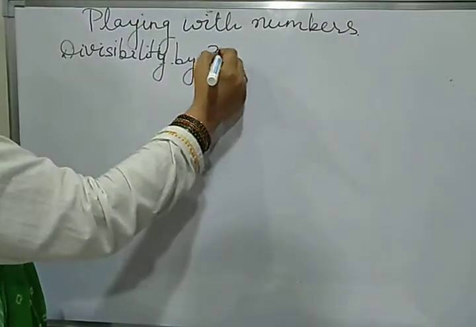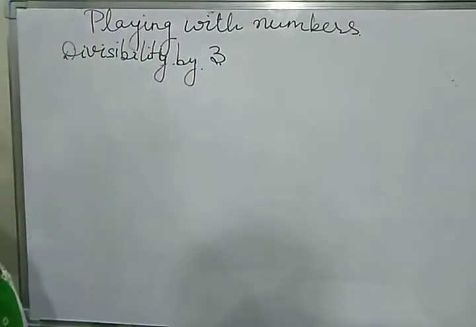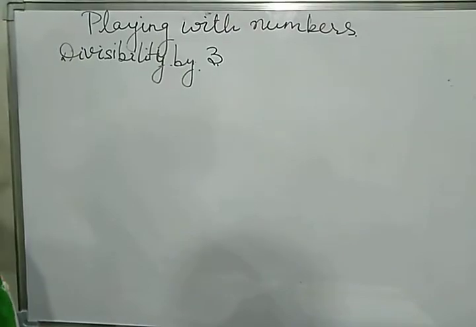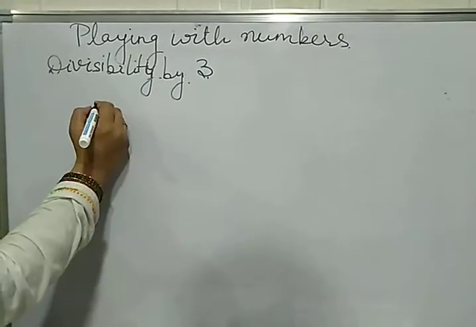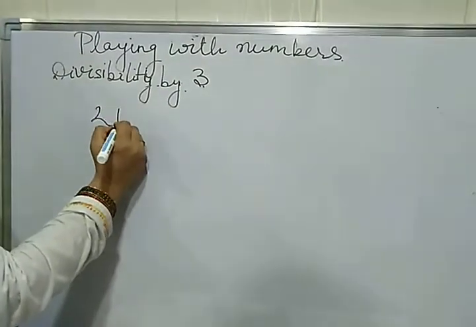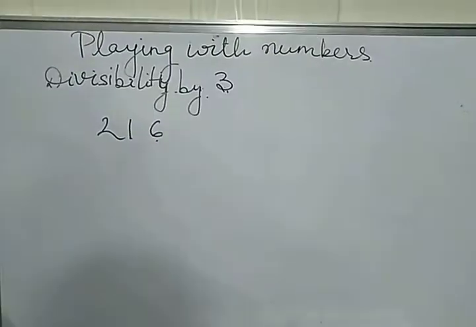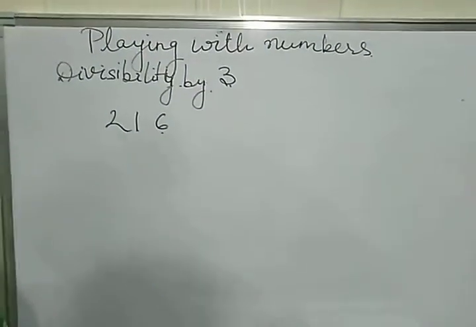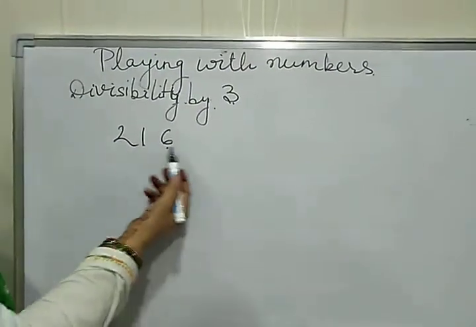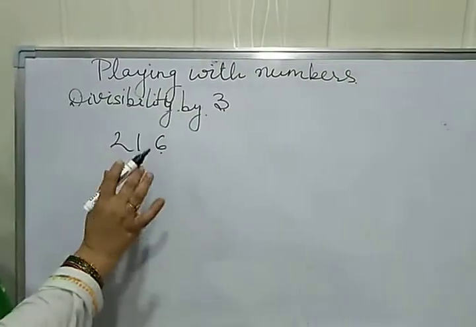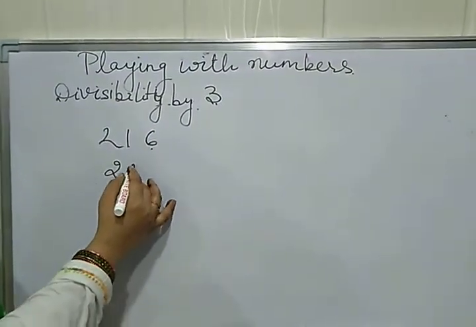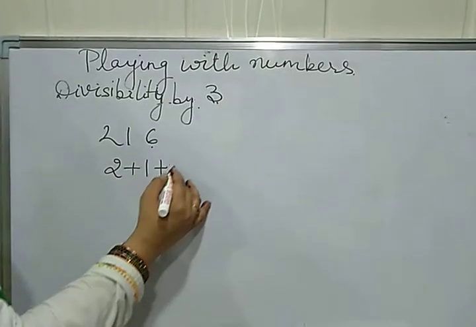Now we can see the divisibility by 3. The divisibility by 3 is quite different. Suppose the number is 216 and we have to check whether it is divisible by 3 or not without division. Then we will add the digits.